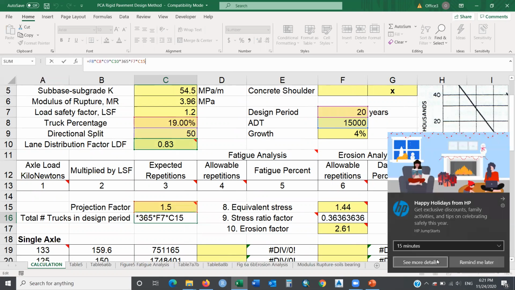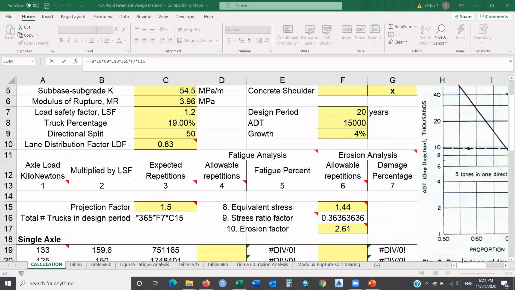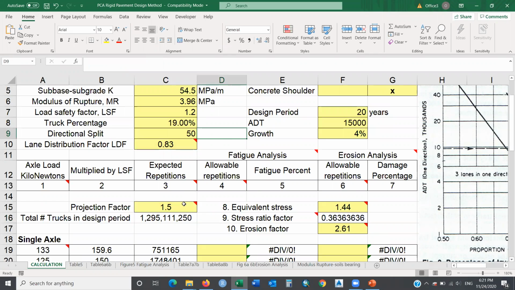So the original file I have, it says 0.5, not 50. So that could be a reason if the final result doesn't make sense. This should be like 12 million, not this so many. If you change 50 to 0.5, put in the cell underneath 50, put in 0.5 instead of 50.